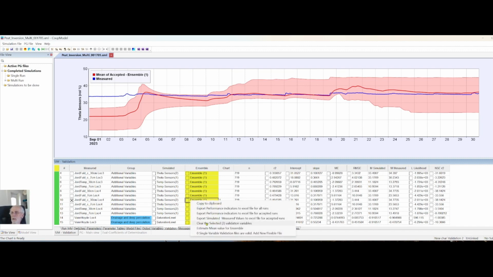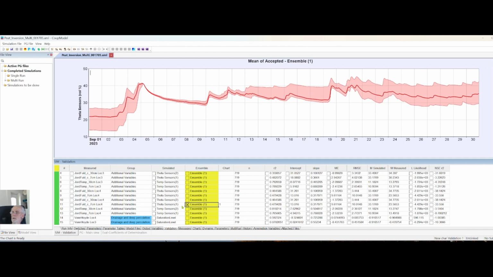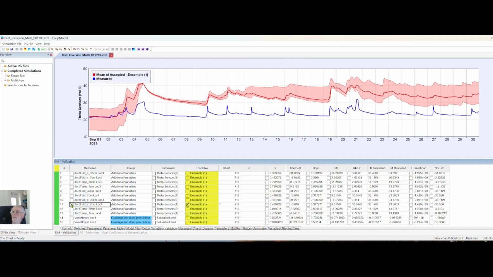Right click, clear that, and then I look to the shallow horizon, and that's partly the same pattern, but a little bit the opposite. It is systematically now overestimation in the later period.